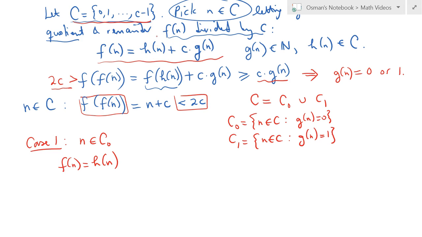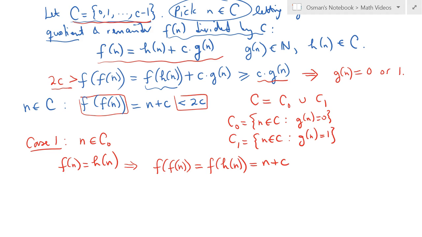And from here, if we apply the very early on definition, this would imply that f of n would be equal to, because f of n is just h of n, so it is f of h of n, but at the same time, f of n by definition was n plus c.